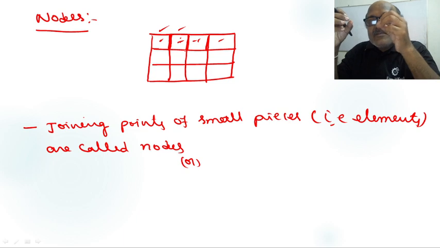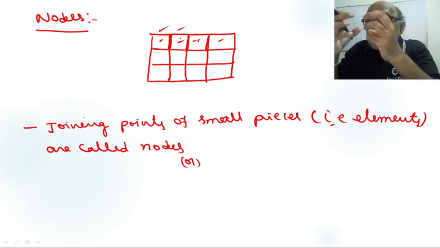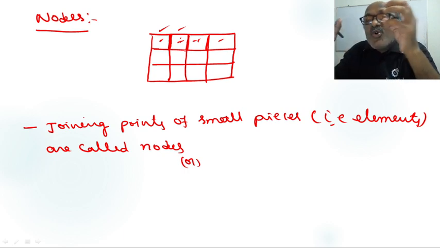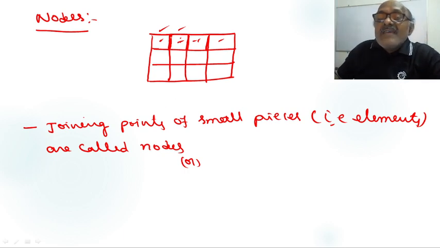All of you clear, my dear students? The points where the elements are connected to each other are nodes. Suppose here is a point, where this element and this element are connected. For example, I am assuming this is element number 1 and this is element number 2. It is a connected point for element 1 and element 2. Here is the second element and third element, also a connected point.